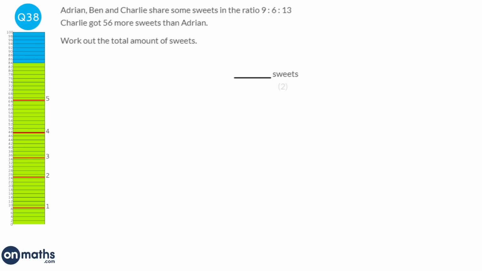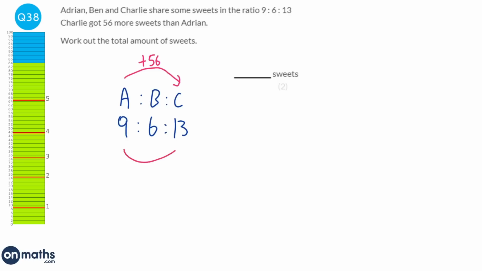So this question says that Adrian, Ben, and Charlie have some sweets, and the ratio of Adrian to Ben to Charlie is 9 to 6 to 13. But it also says that Charlie got 56 more sweets than Adrian. So there's 56 more sweets.